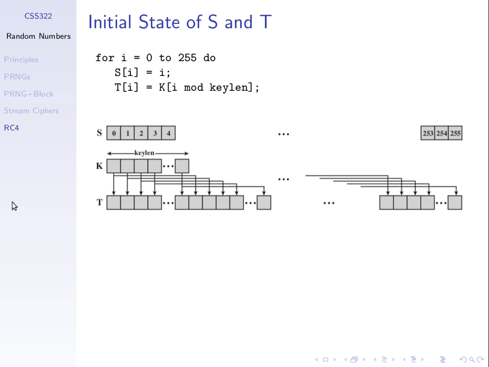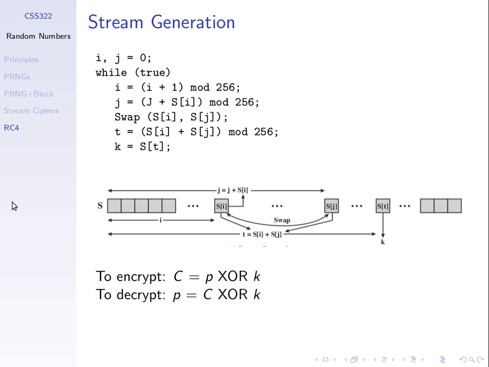Step 3, the stream generation. We want to generate our random key stream, the random bytes that come out. And simply once we get a random byte, lowercase k, we'll XOR it with our byte of plain text. In our case, we don't have bytes, we have 3-bit values.